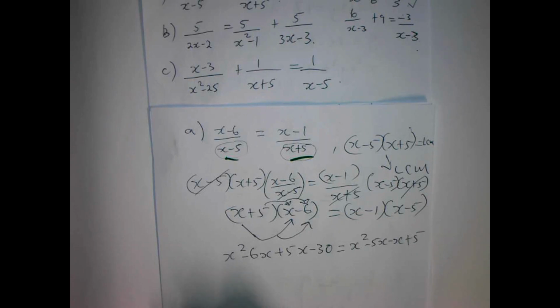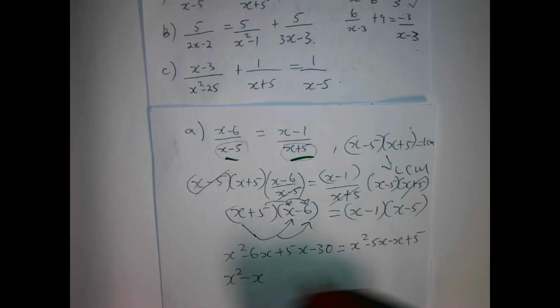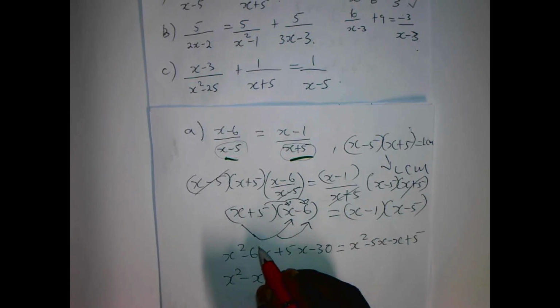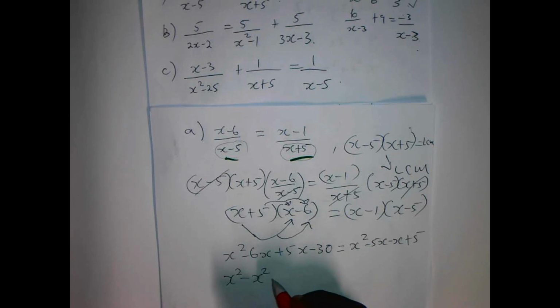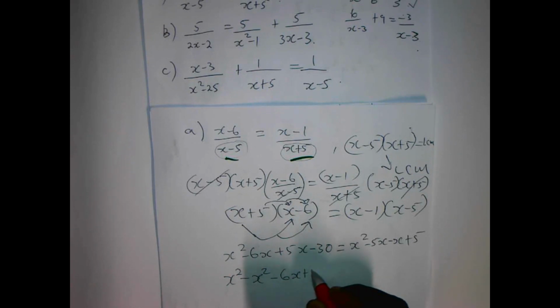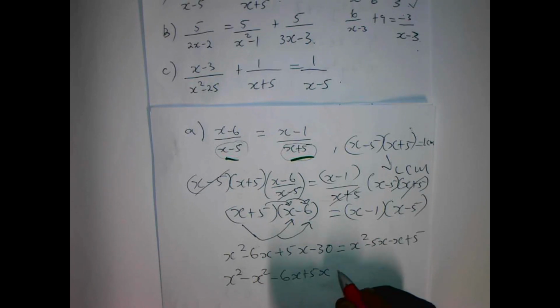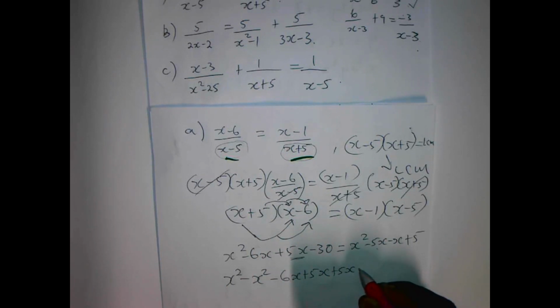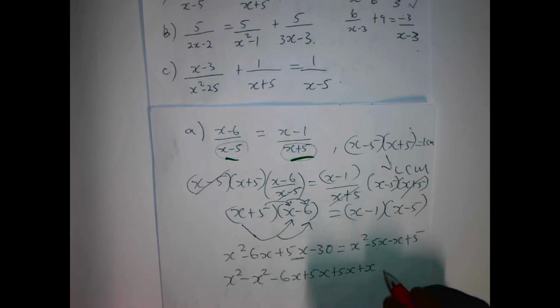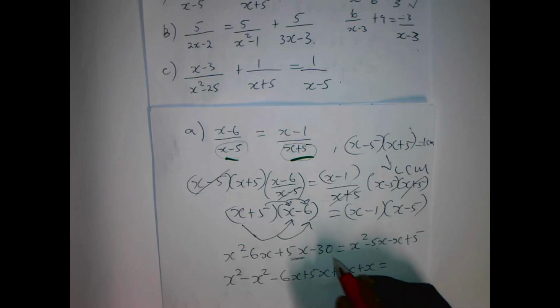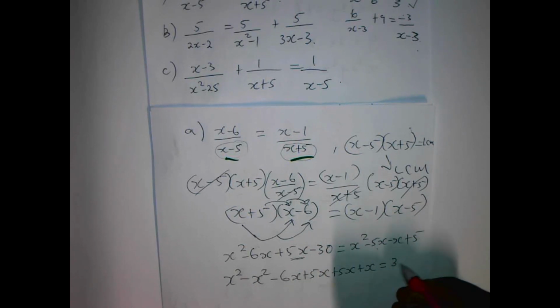Now from here we need to collect like terms. Terms in x squared, we put them together. But take note that when x squared comes this side, it becomes negative. Then minus 6x plus 5x, this plus 5x. Then we also take this one from the other side, it becomes plus 5x plus another x, is equal to, when 30 goes the other side, it becomes 30 plus 5.